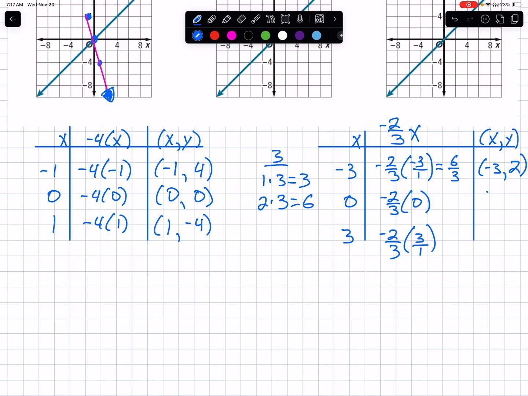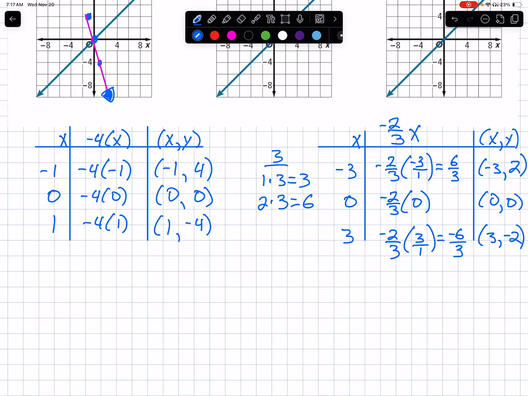Ordered pair in the middle here is going to be 0, 0, because when I multiply anything by 0, I get 0. Last, I'm going to multiply -2 times 3, and I get -6. When I look down here, 3 times 1 is +3. -6 divided by 3 is -2. So my ordered pair is 3, -2.